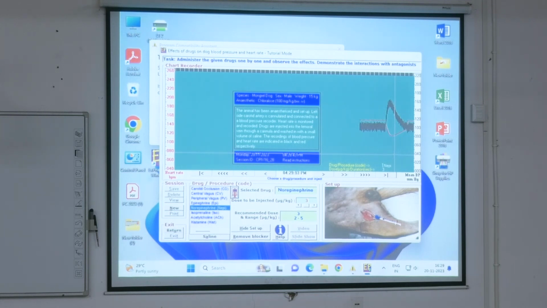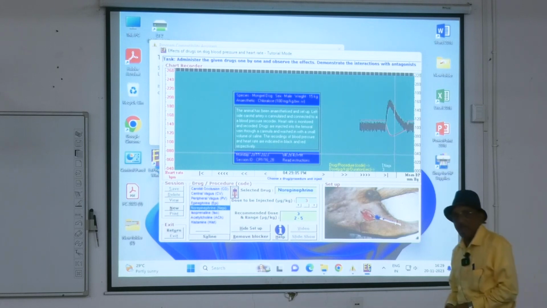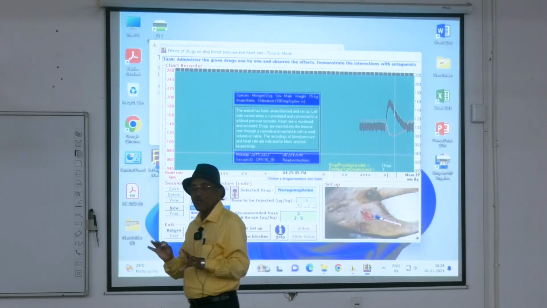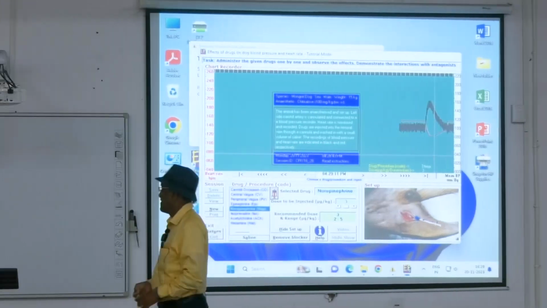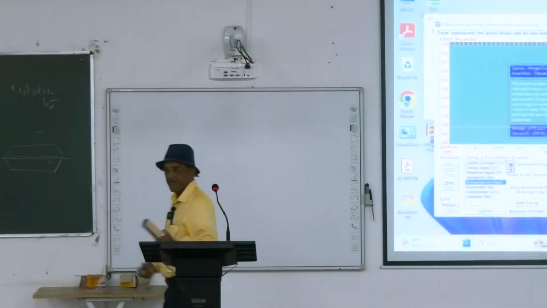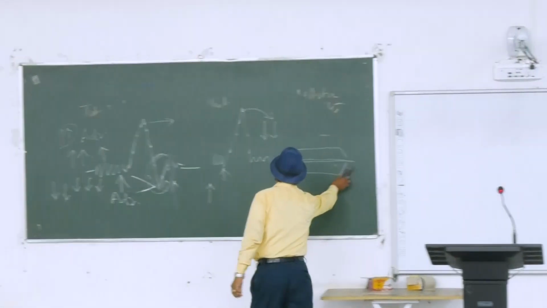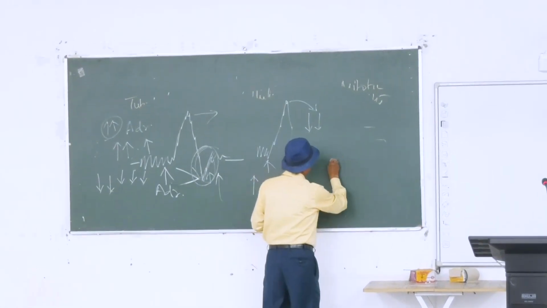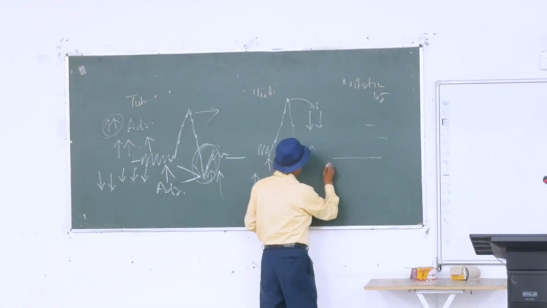এখানে কেন baroreceptor stimulationটা বেশি হয়? Because the mean arterial blood pressure will be changed much more. This is the baseline.